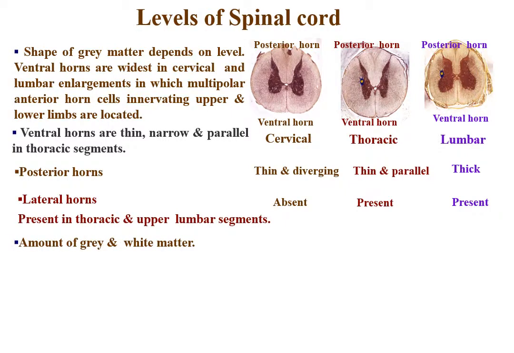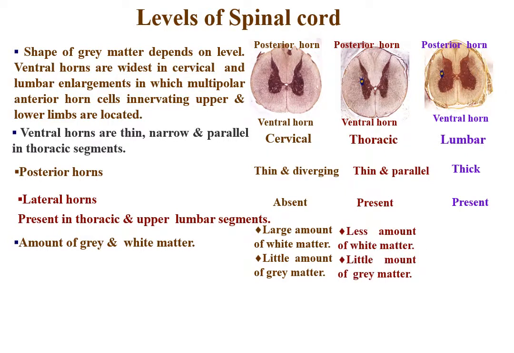Large amount of white matter and little amount of gray matter in cervical segments, less amount of both white and gray matter in thoracic segments, little amount of white matter and large amount of gray matter in lumbar segments.